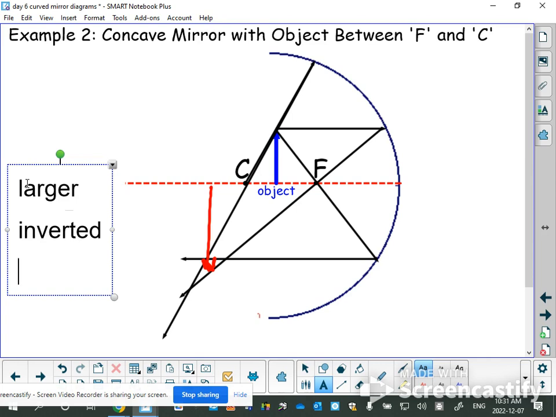It is farther because it's much farther from the mirror than the original object. And I would also call this real because, again, if I moved a screen back and forth, this is where the screen would sit, where it would focus, and all inverted images are always real. They'll end up on a screen.